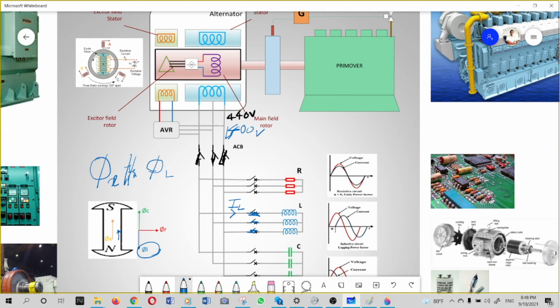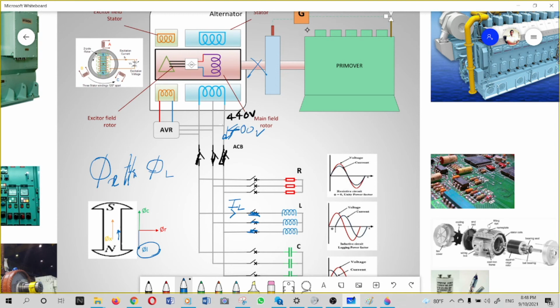But as they are not in a 90 degree plane, the magnetic reaction between these two fields will not cause any retarding torque. It will not affect the speed of the prime mover. Instead, it will impact the magnetic field of the main rotor, reducing its strength and causing the EMF to reduce.